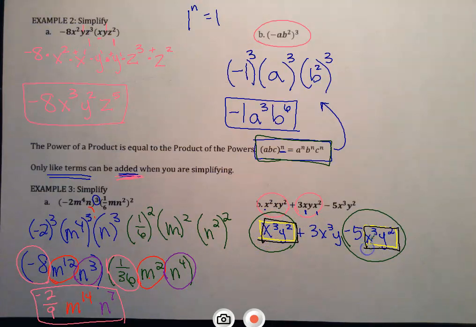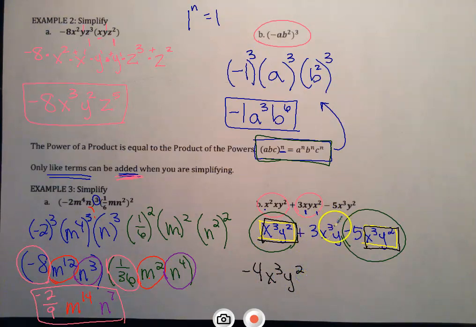And we can't say there's 3 Walmart trucks because this one doesn't say Walmart. It says Target on it or something else, because it's not the same. So this is saying there's 1 of these and negative 5 of these. So 1 plus negative 5 is negative 4 x cubed y squared.